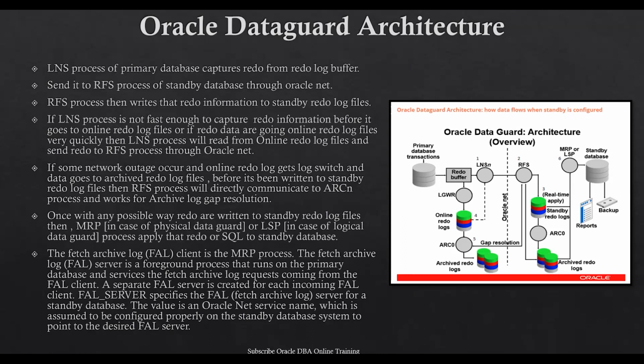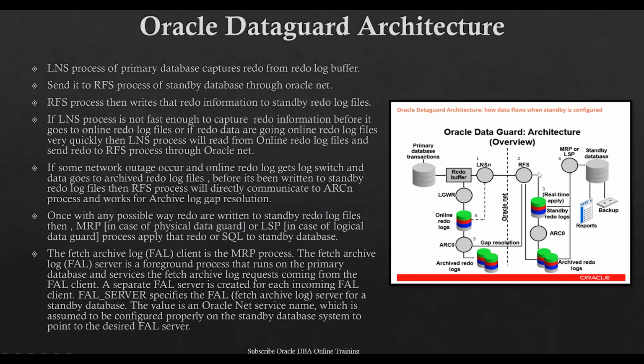You can go through all these points. The LNS process on the primary database captures redo from the redo log buffer, then sends it to the RFS process, and the RFS process writes the redo information to the standby redo log files.